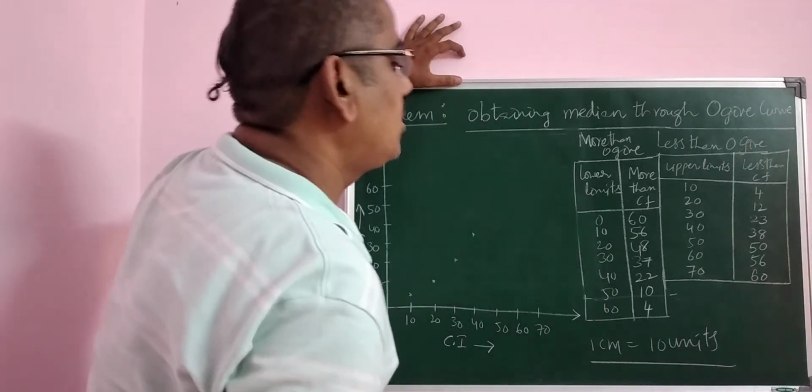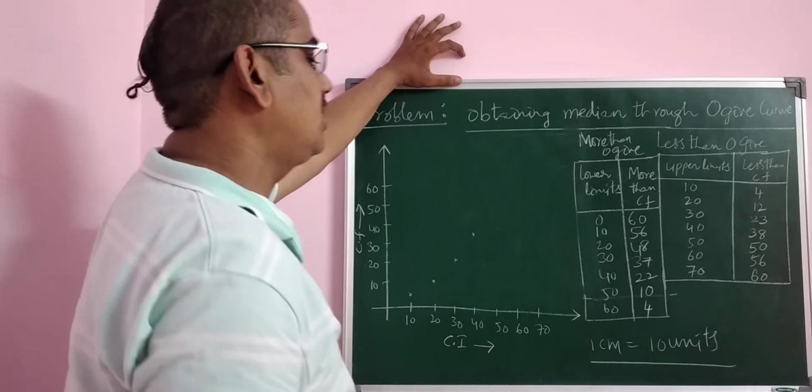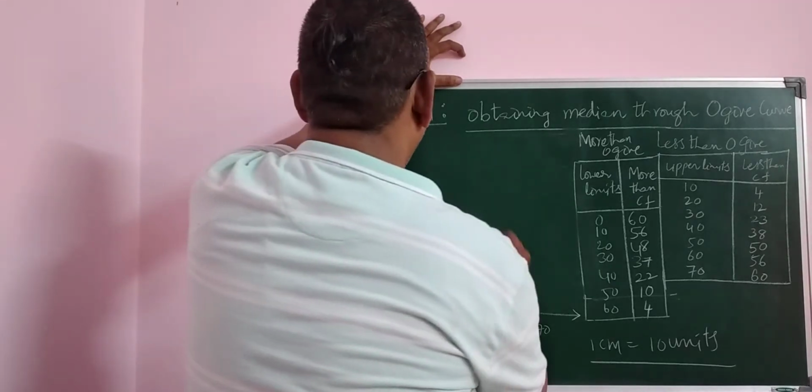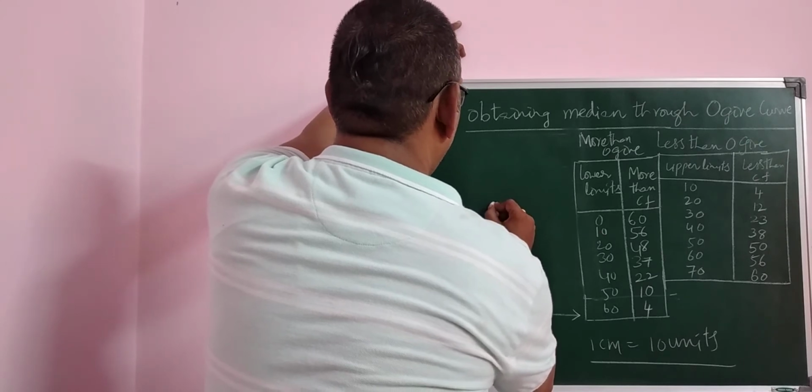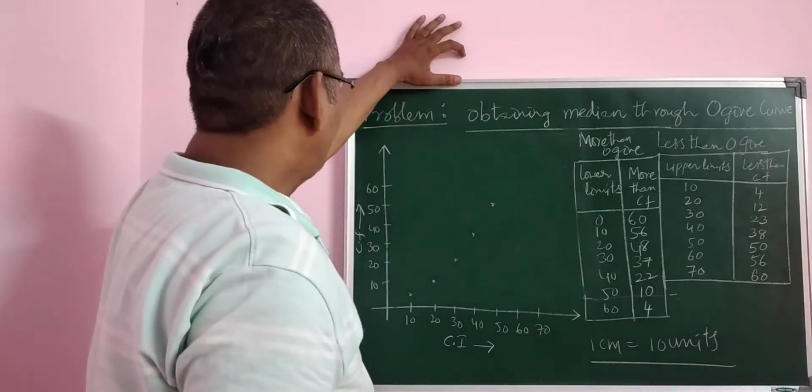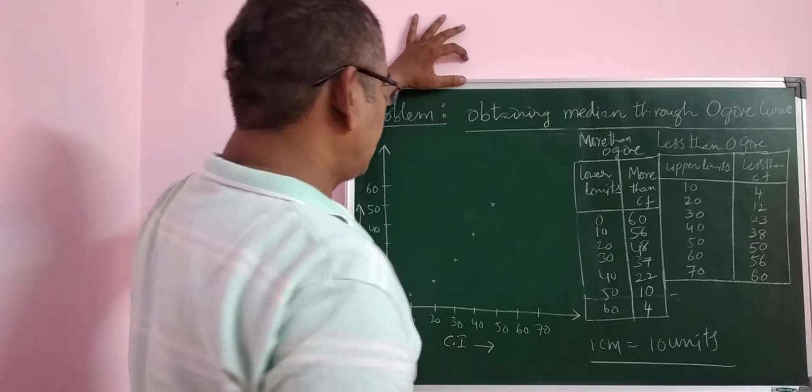And then make a point against 50. 50 against 50 again. The 50 is going to be plotted. And the 60 against 70.